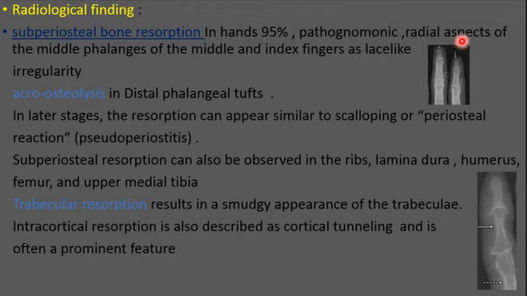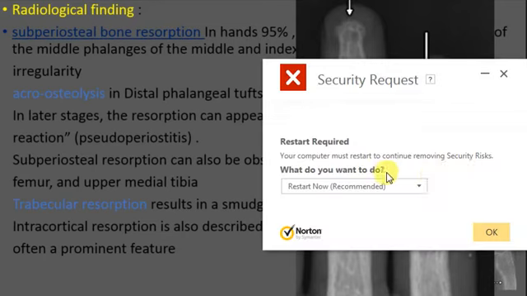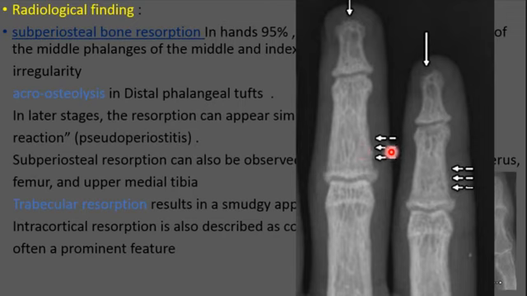It usually occurs in the radial aspect of the middle phalanges of the middle and index fingers, and there is bone resorption as a lace-like irregularity. As we see here, there is subperiosteal bone resorption at the radial aspect of the middle phalanges of the index and middle fingers.